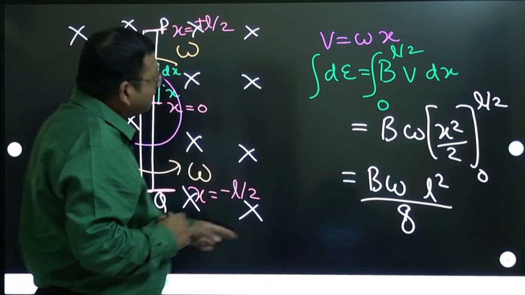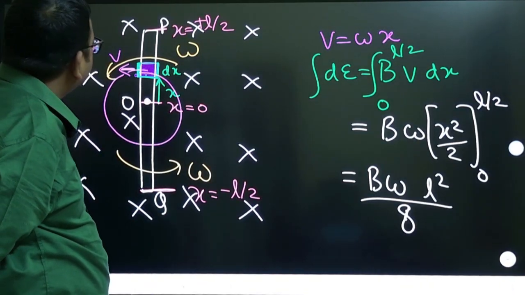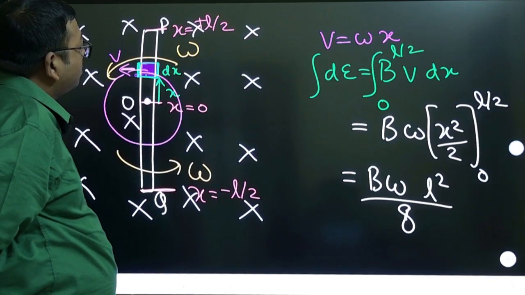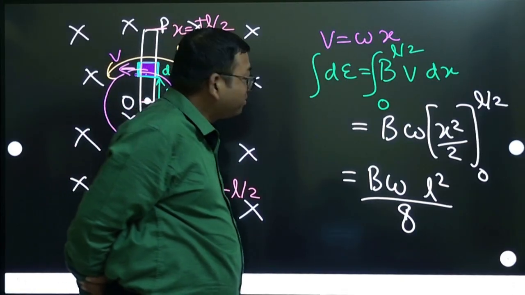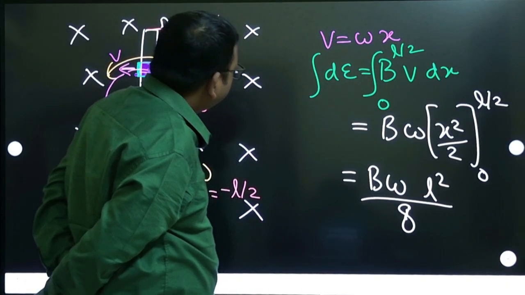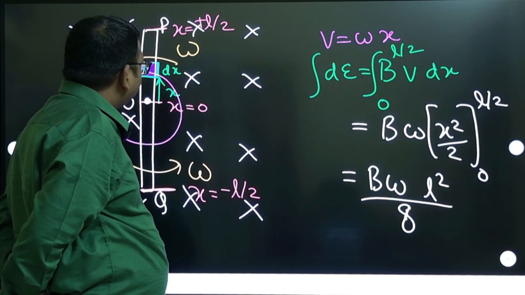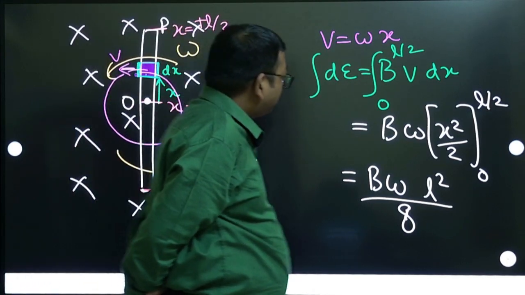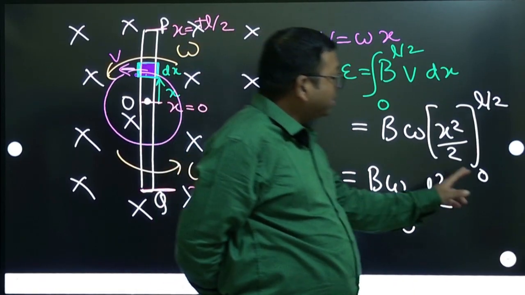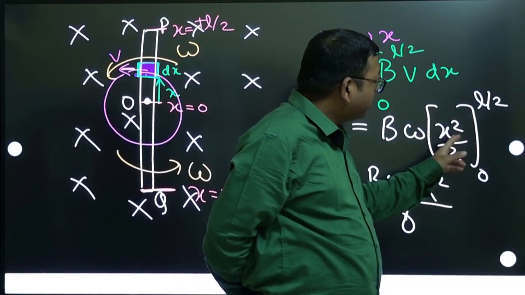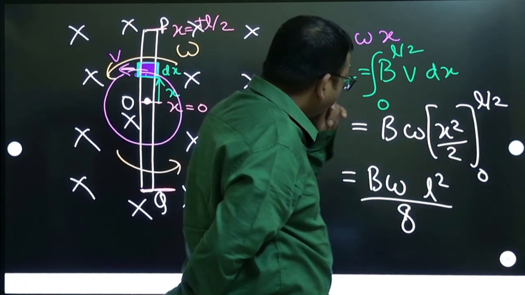But if I take minus L by 2 to L by 2, then what will it be? It will become 0, I think, because from minus L by 2 to plus L by 2, x square is always positive, so it will become 0.